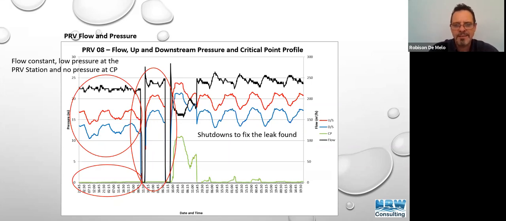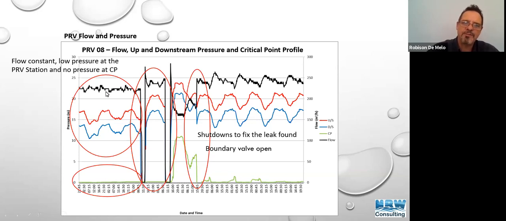They did a shutdown to fix the leaks, opened again, and everything came back to normal. And suddenly somebody goes and opens a boundary valve, and everything goes back, or even worse. As you can see, we had that flow before, and now we are having that flow. So it made things worse, but the minimum night flow also helps us identify that.